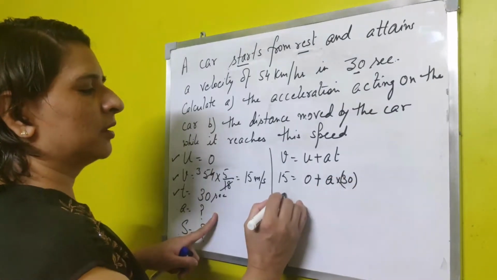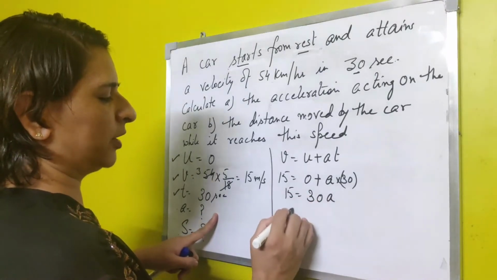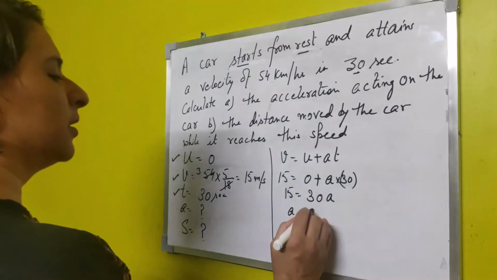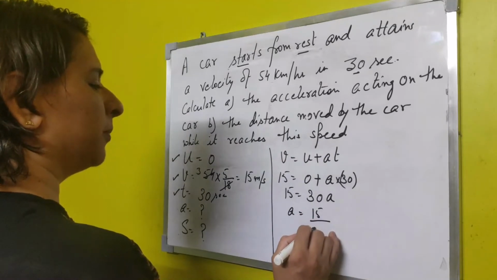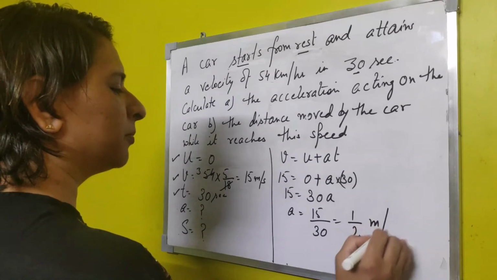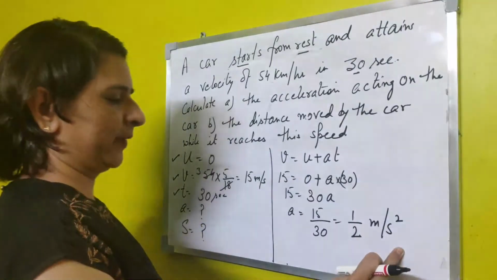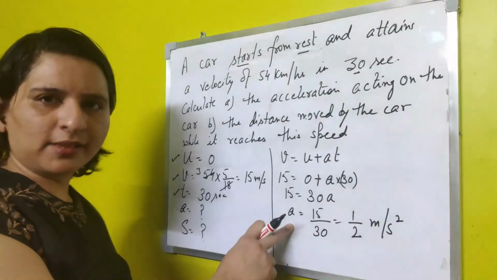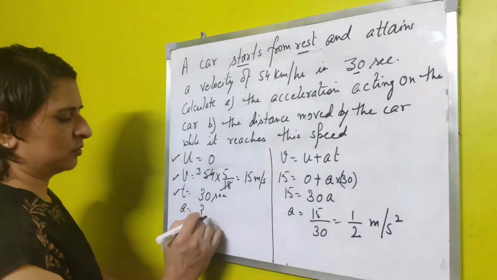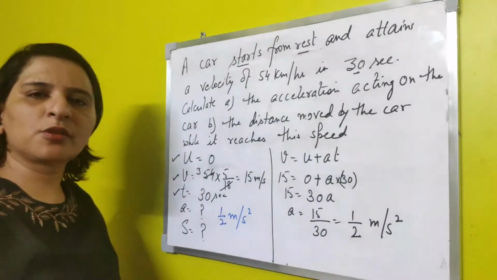So that means 15 is equal to 30 times A, or we can say A is 15 by 30, that is half meter per second square. Fine. So we found the acceleration. So this is half meter per second square.